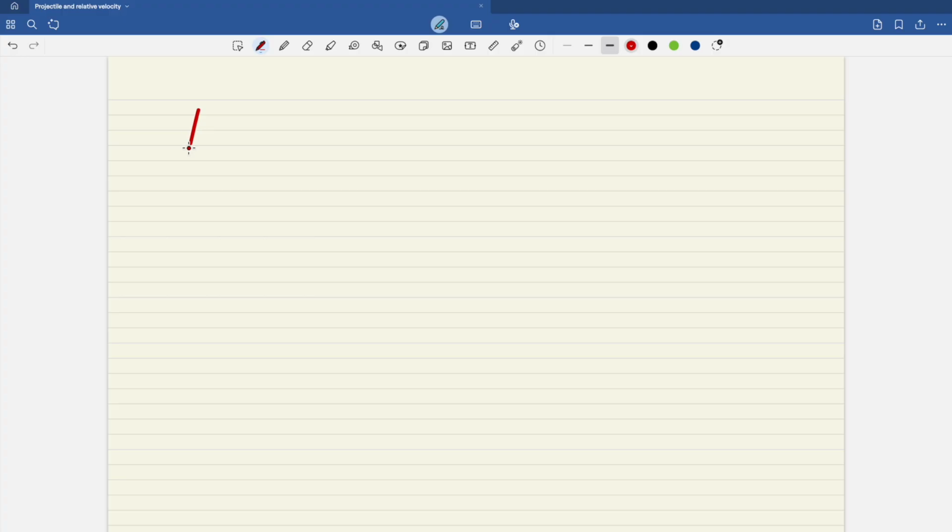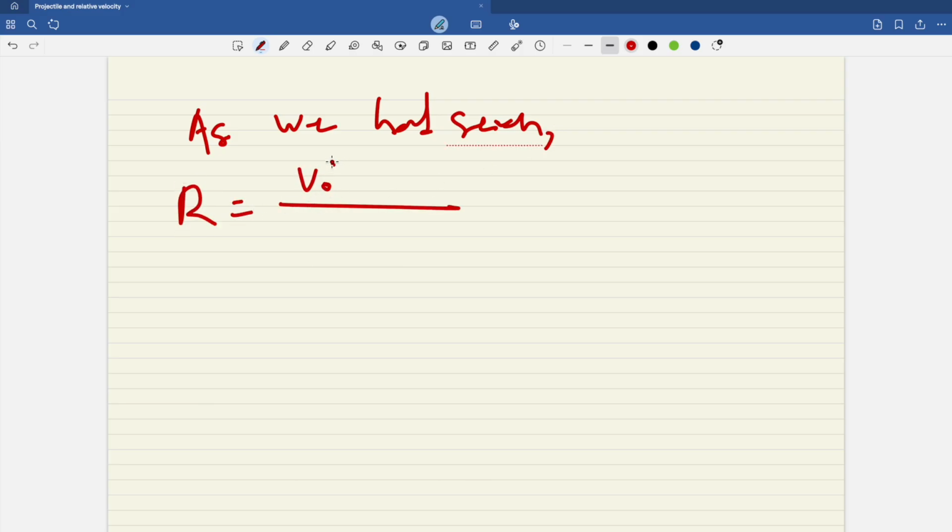As we had seen, r is equated to v naught square sine 2 theta naught divided by g.